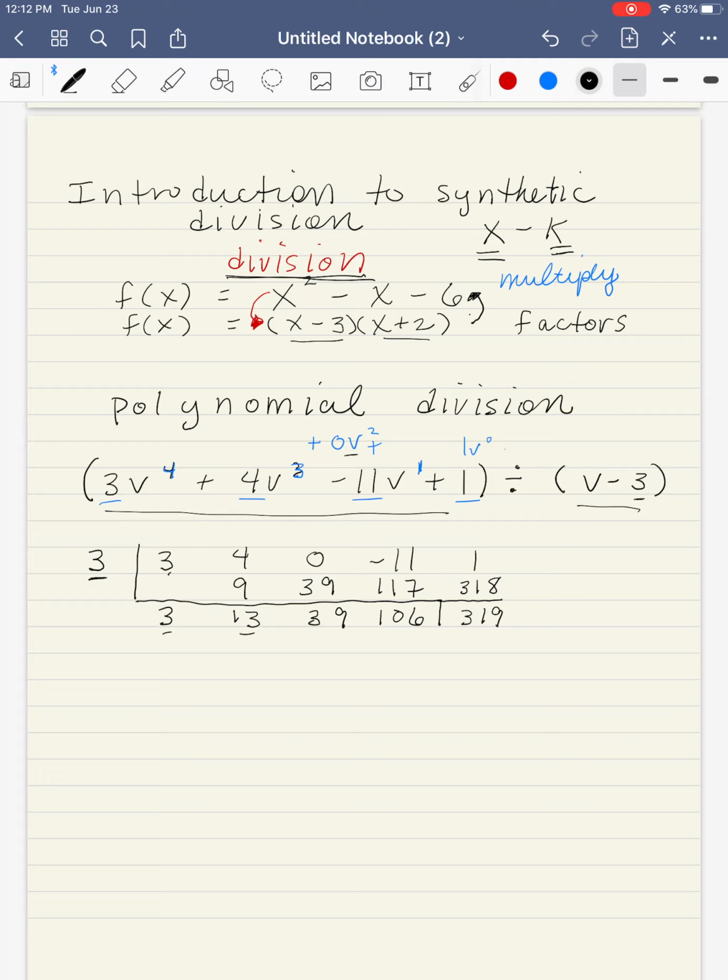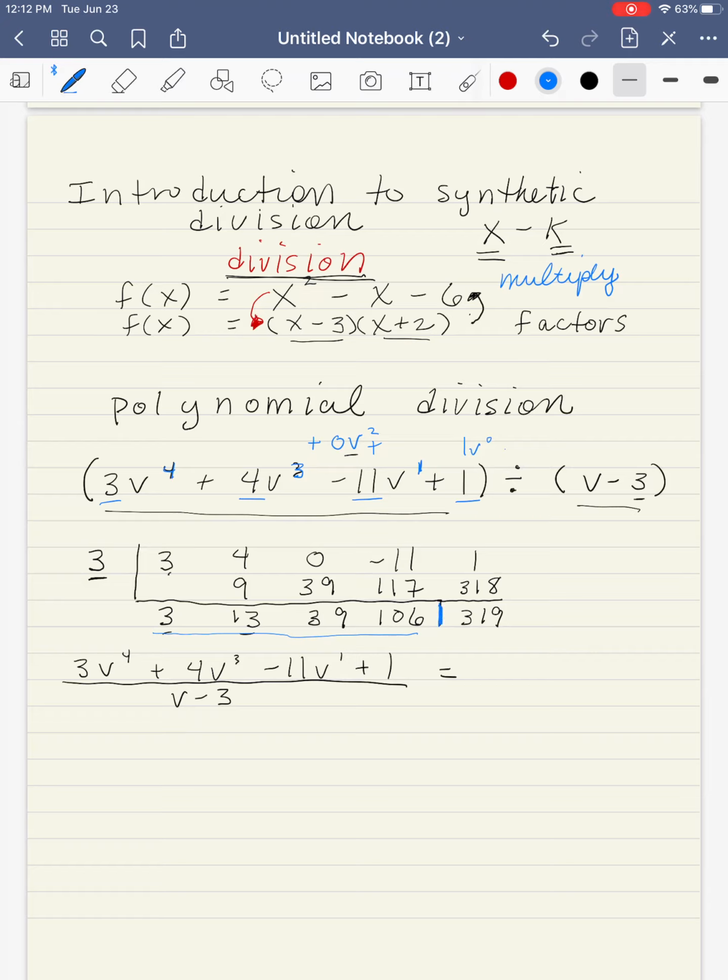So this work that I've done here represents the long division of this polynomial divided by this binomial. When I'm literally doing the division, dividing this by v minus 3, the answer of a division problem is called a quotient.